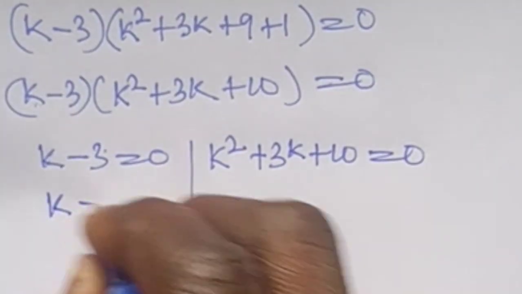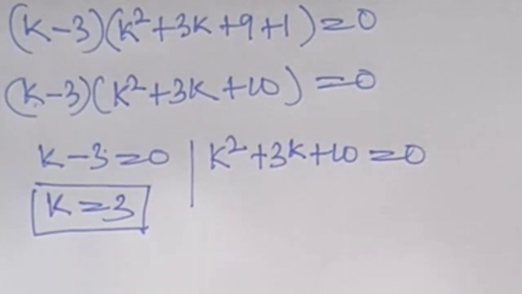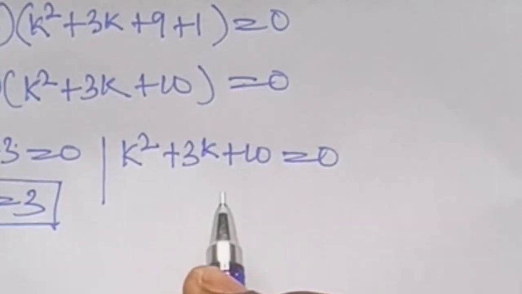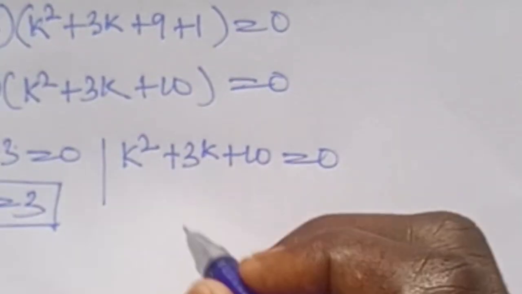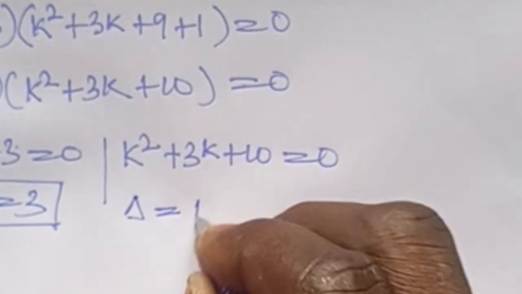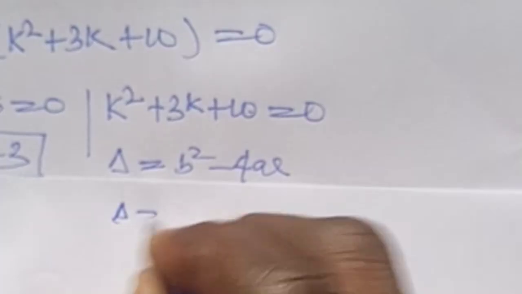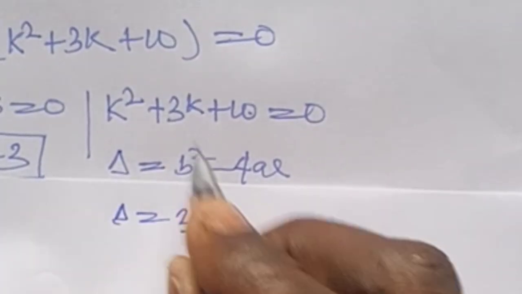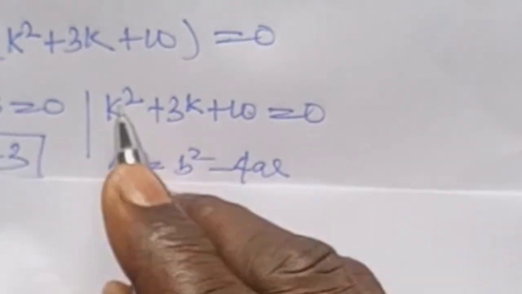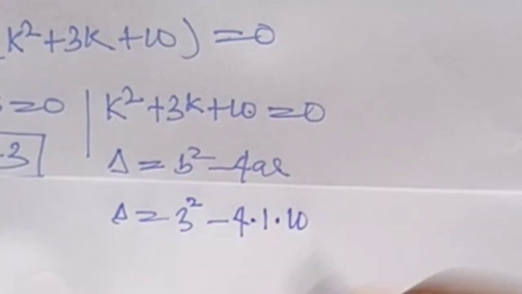From here, k is equal to 3, which is a real number. And to verify if the values we get from the quadratic will be real numbers, we're going to employ the discriminant. The discriminant is equal to b squared minus 4ac, so that b is 3 to the power of 2 minus 4 times a, which is 1, the coefficient of k squared, times c, which is 10.